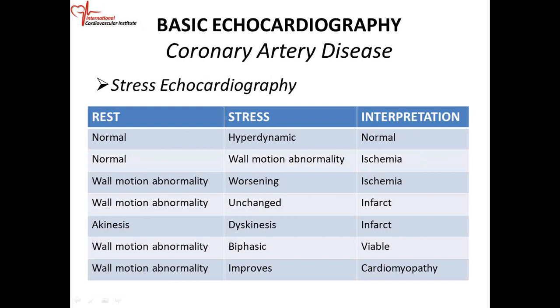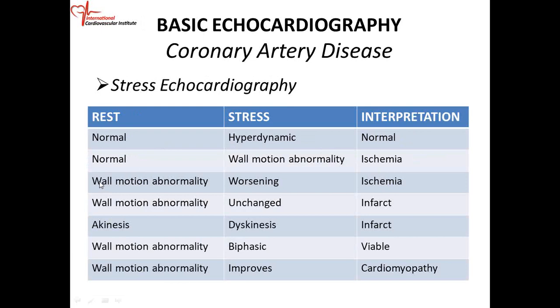What happens is when you increase the demands on the heart, because you have an obstruction, the heart cannot supply enough blood to match the demand, and that area of the heart does not move properly because it needs more blood, it needs more nourishment to perform normal. Okay, so normal at rest, abnormal with stress, that's ischemia.